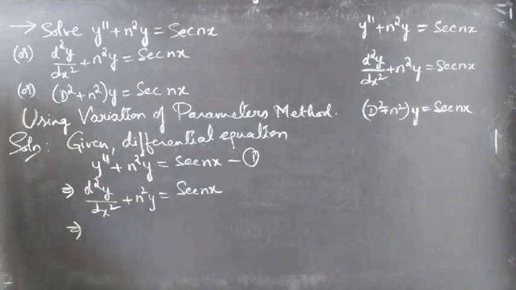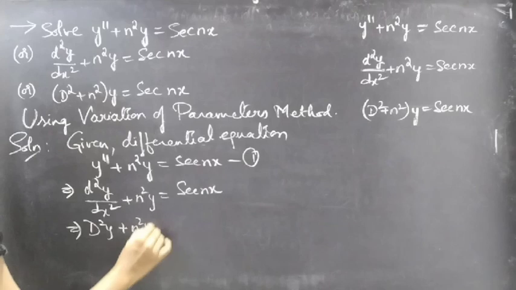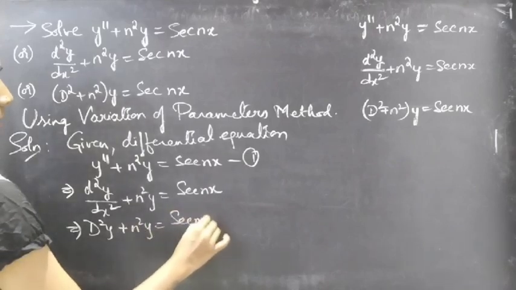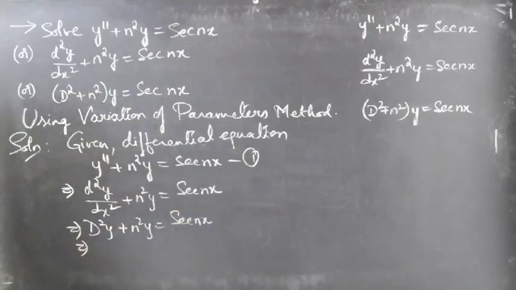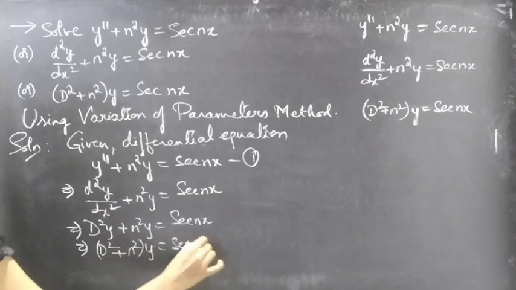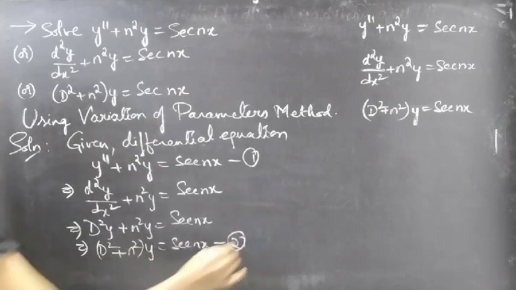Let's write d square y by dx square as capital D square y plus n square y equal to secant nx. Now take y common from the two terms of the LHS, and we'll get d square plus n square into y equal to secant nx. Consider it as equation 2.